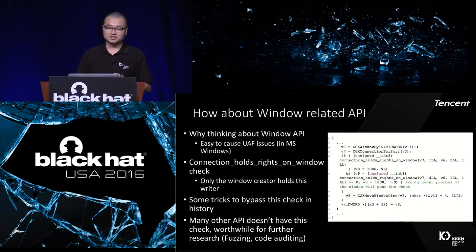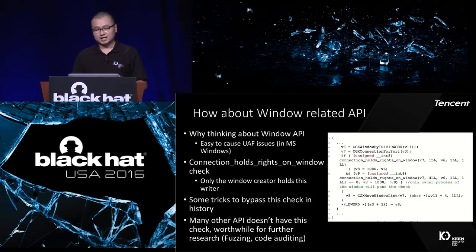And also, we may need to think about some window-related APIs, because on the Microsoft Windows system, we actually have a lot of UAF issues relating to windows. For example, you can set up a callback to free a window, and after that, it is used again. Maybe on OS X, there are similar bugs. But when we performed the code audit, we found that many of them have some check like connection holds right on window check.